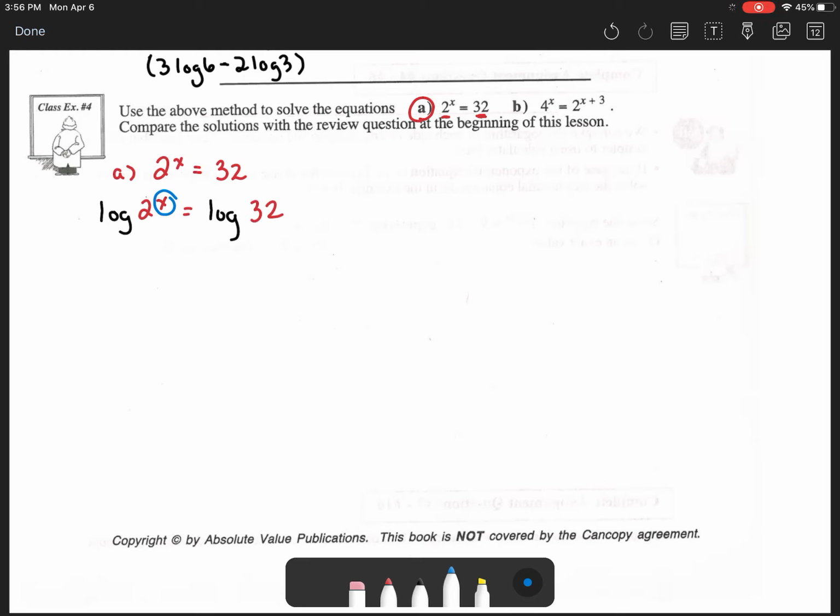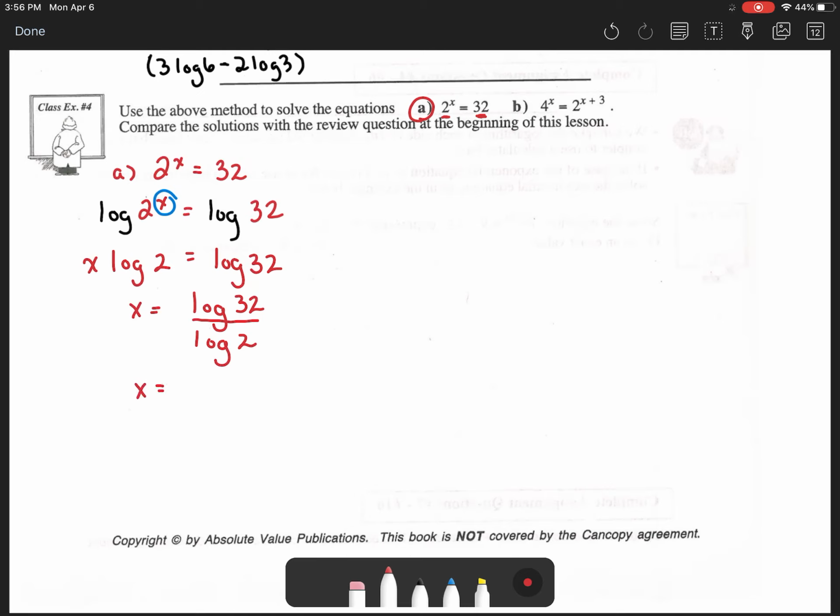Now, I basically take the exponents, this was the only one that has an exponent, and I bring it down in front of the log expression using the power law. So I'm going to have x log 2 equals the log of 32, and I'm after the variable x, so all I do at this point now is divide both sides by the log of 2, and there is your answer. There's your exact answer.